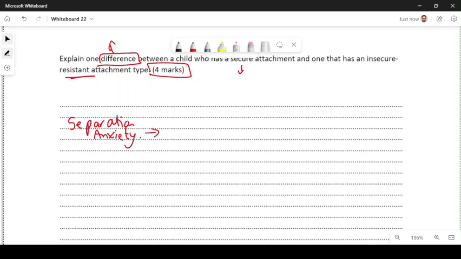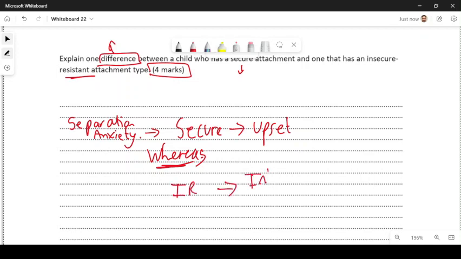Okay, and I would say a securely attached child on separation anxiety would be upset. Okay, whereas. So that is crucial. If you don't do that, you're not going to get the marks. Whereas insecure resistant would be intensely distressed.